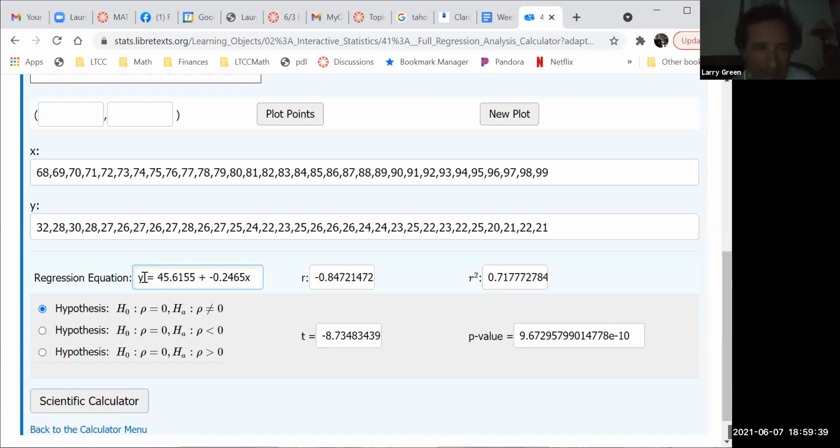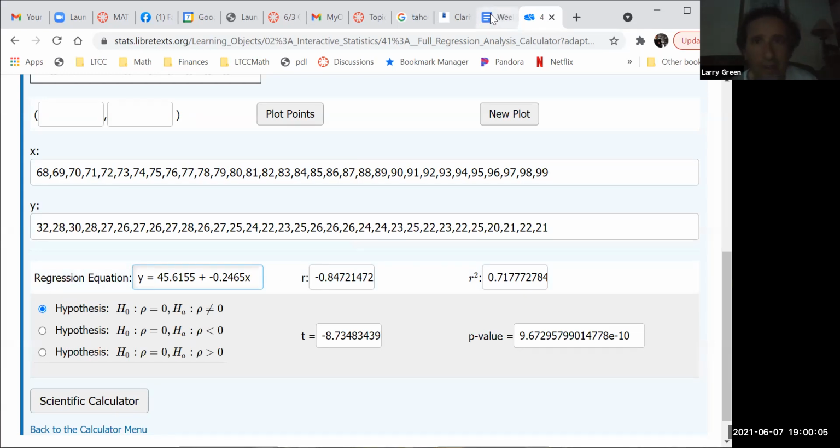So that usually has a little Y hat on it, which means estimating Y instead of knowing Y. So I want to mention that for this program. So Y hat is equal to, let's just say 45.6 minus 0.247x. I'm going to go 3 decimals. Any questions on that?